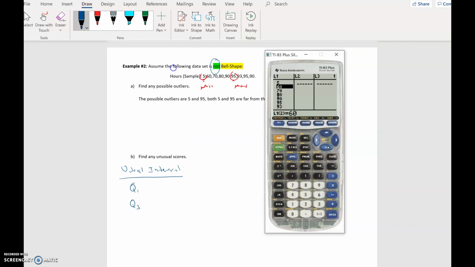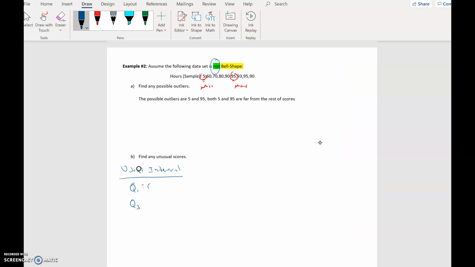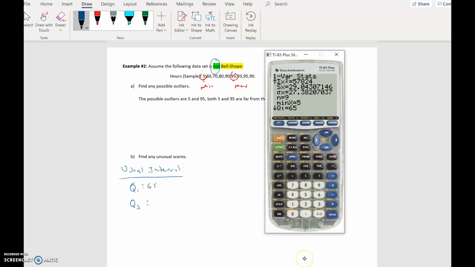Double check that you have all the values. In this case, I entered them before the video. And then check if you're matching my calculations. So for this one, we have that Q1 is 65, and our Q3 is 94.